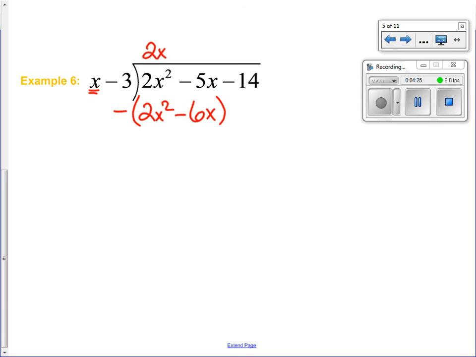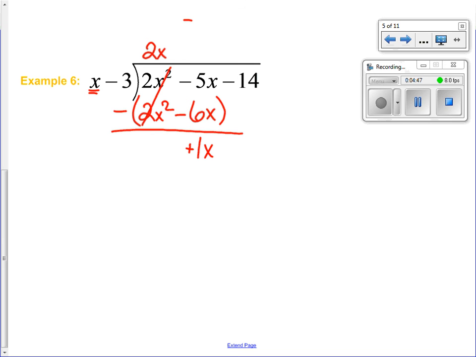And we're going to subtract this quantity. So 2x squared minus 2x squared would be 0. And negative 5x minus negative 6x should give us a positive 1x. Alright?